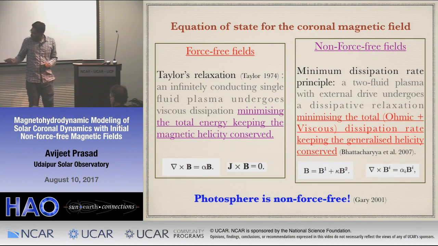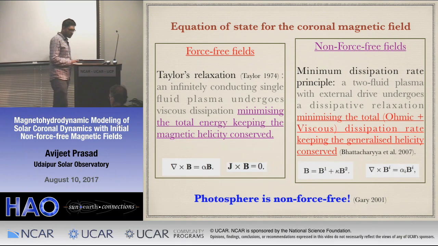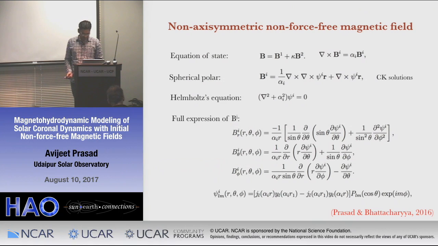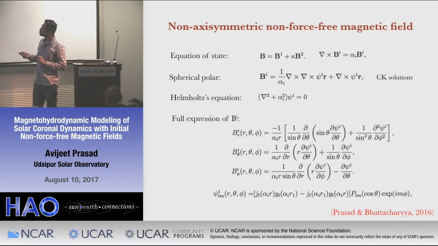So now from observations we know that the photosphere is non-force-free. So hence we look at these non-force-free fields in greater detail. As I mentioned before, if B is a non-force-free field, it can be written in a general case as a linear combination of two linear force-free fields, and the solutions for linear force-free fields are well known.